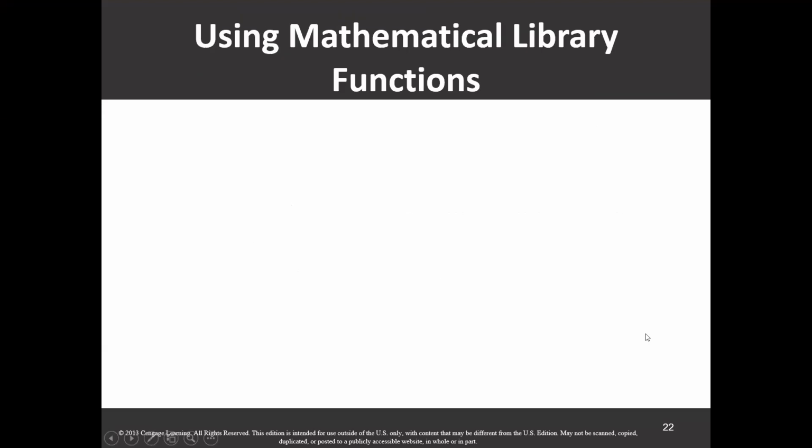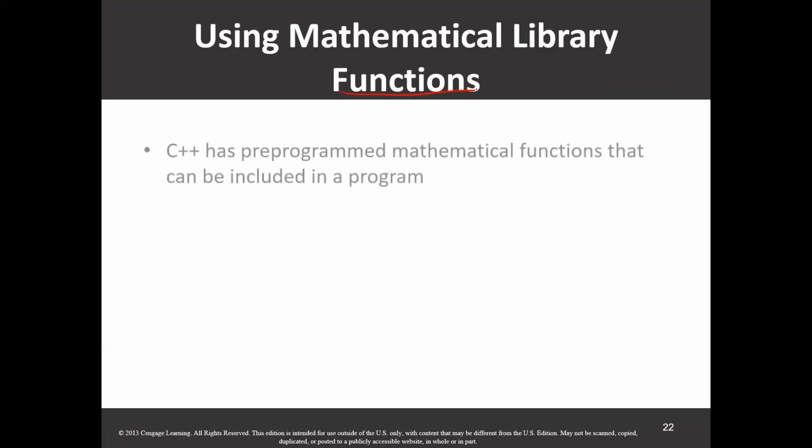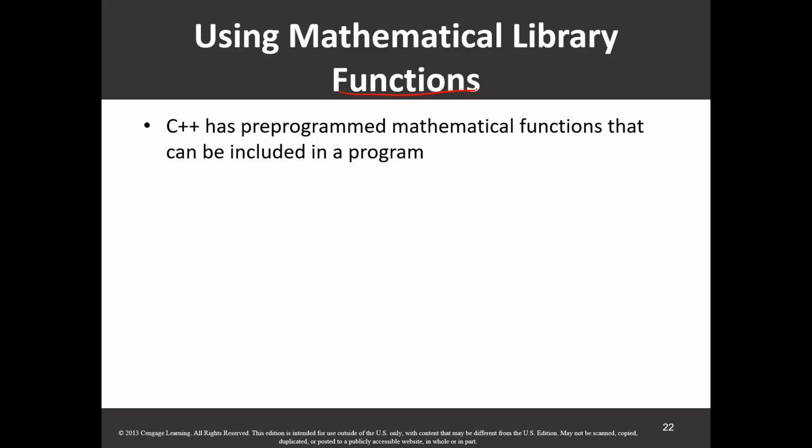Okay, now we're done with the first point, which was using the number manipulators. Next, we're going to introduce the mathematical library functions. If you remember, girls, I said before, we will be able to improve our mathematical performance by using such functions. In C++, we can use pre-programmed mathematical functions.